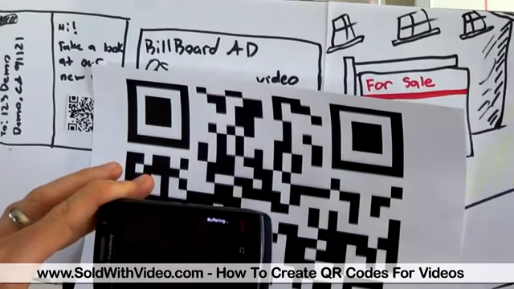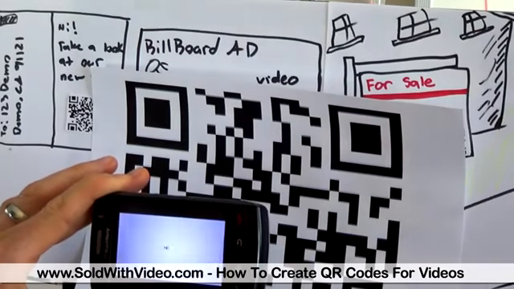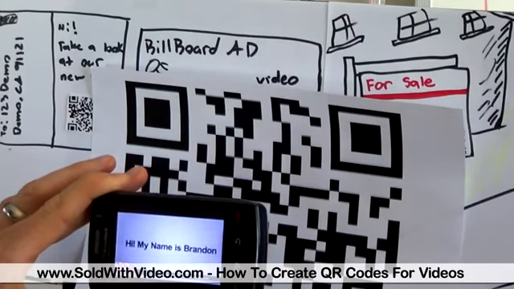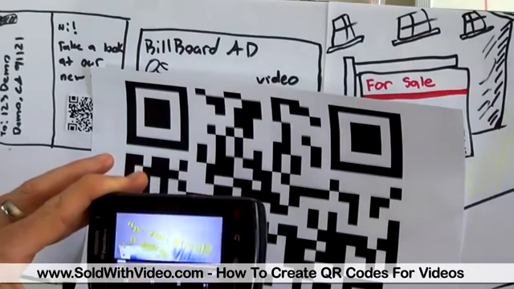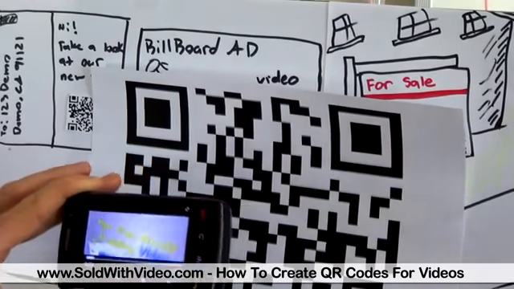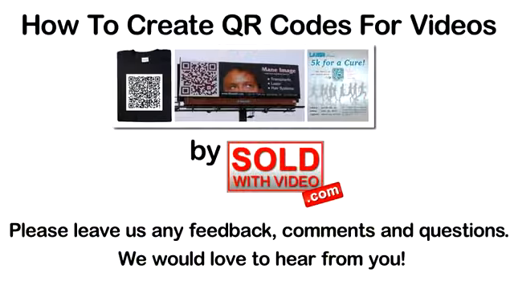It takes a second or two. There you have it. The video played right there on our phone. So as you can see, it's a very easy process, and the video is pretty quickly loaded onto the phone.